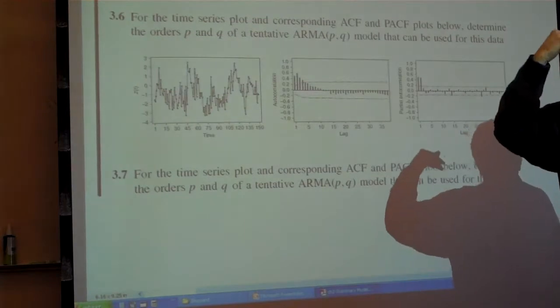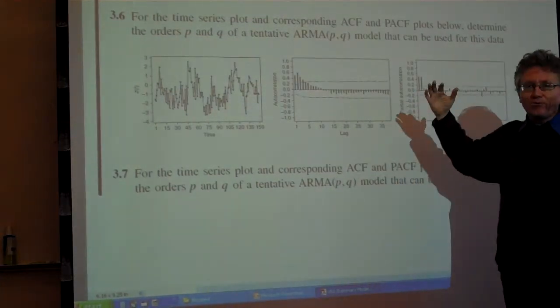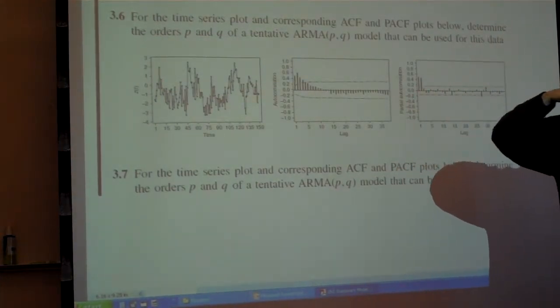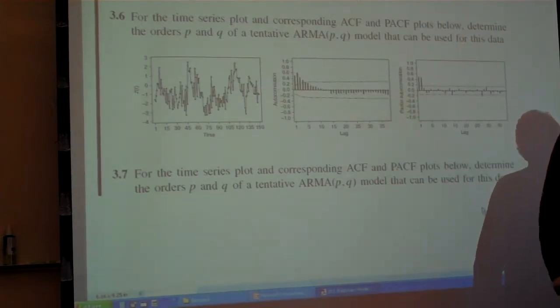If moving average terms are close to 1, the time series can actually drift around quite a bit.